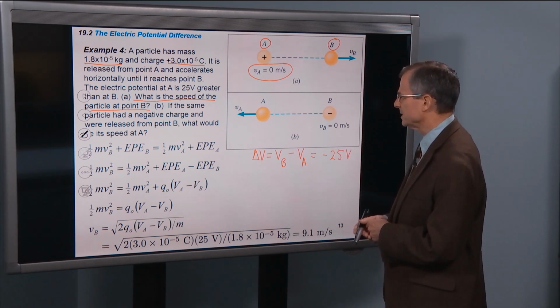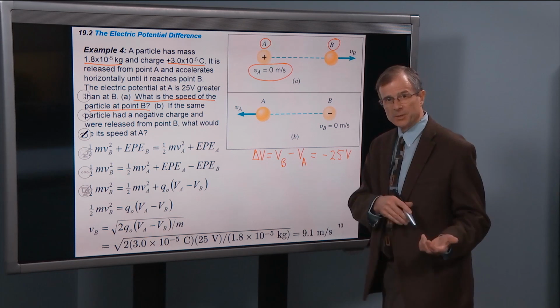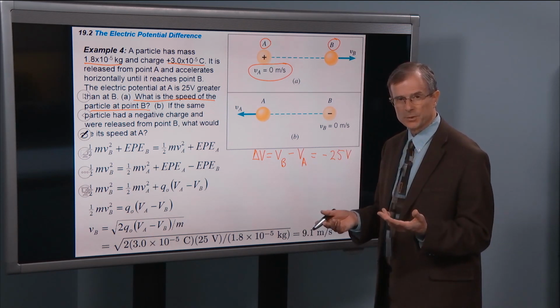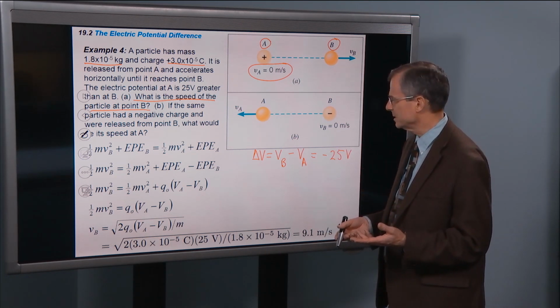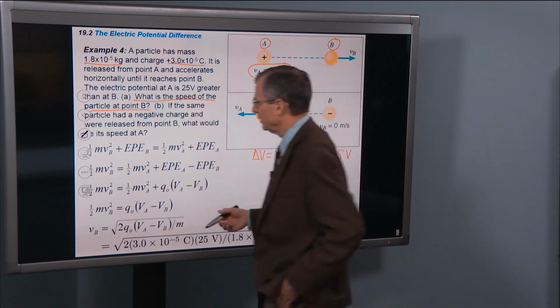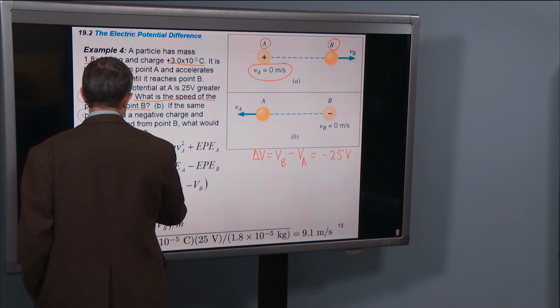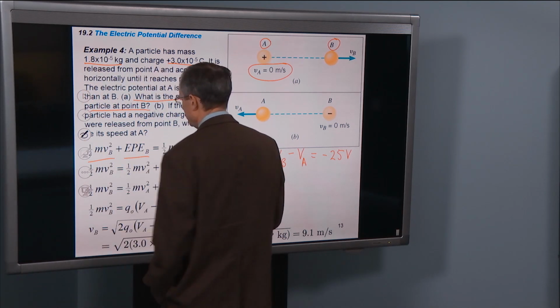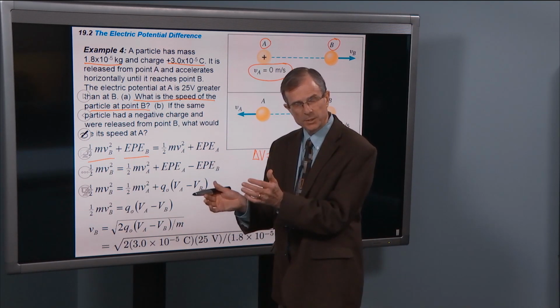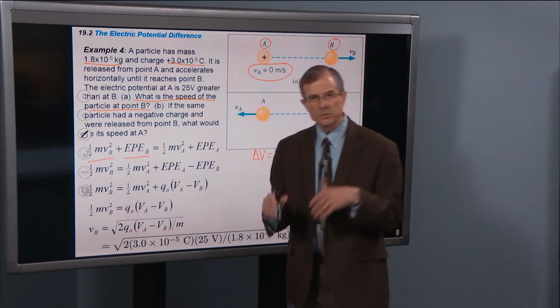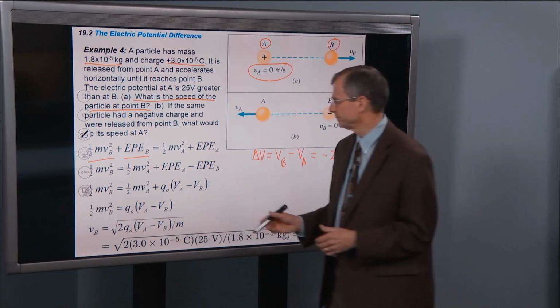So let's see if we can work this out. We're going to use conservation of energy. We don't have any frictional or non-conservative forces to deal with here. And we can say that the kinetic energy at B plus the potential energy at B, the total energy at point B, equals the total energy at point A. That's this right here.